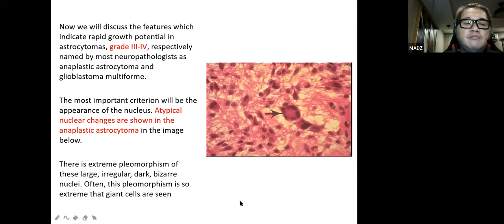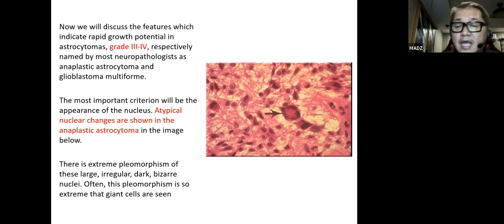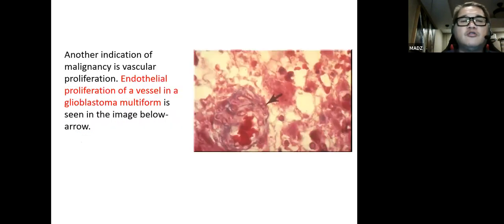There is extreme pleomorphism of these large, irregular, dark, bizarre nuclei. Often this pleomorphism is so extreme that giant cells can also be seen in patients with aggressive types of astrocytomas. Another indication of malignancy is vascular proliferation. So endothelial proliferation of a vessel in glioblastoma is seen in this image here.